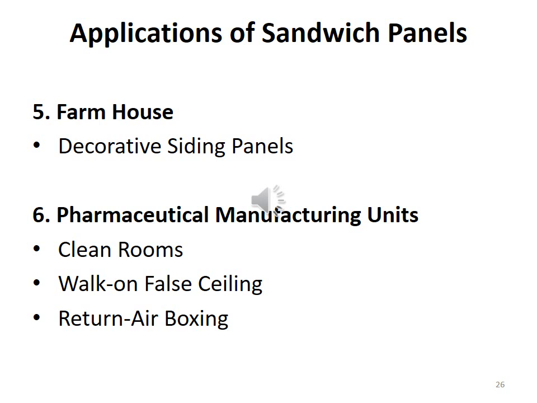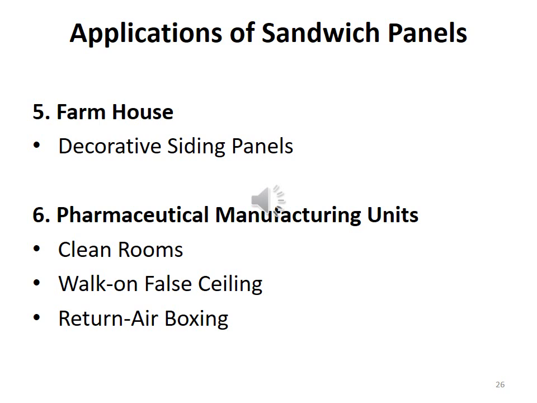Sandwich panels can also be used in different decorative side panels to enhance the aesthetic value of the building, and to satisfy the aesthetic appeal of the customer. These sandwich panels are used in the farmhouses and in the manufacturing units of pharmaceutical industry.